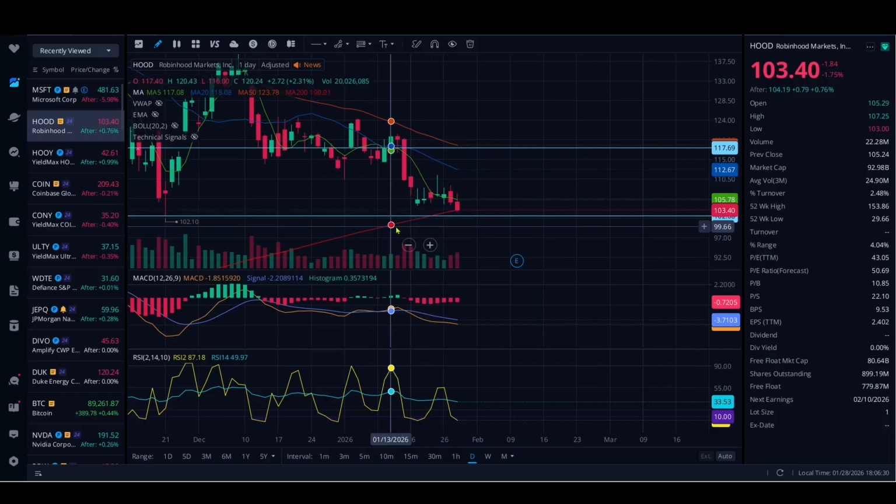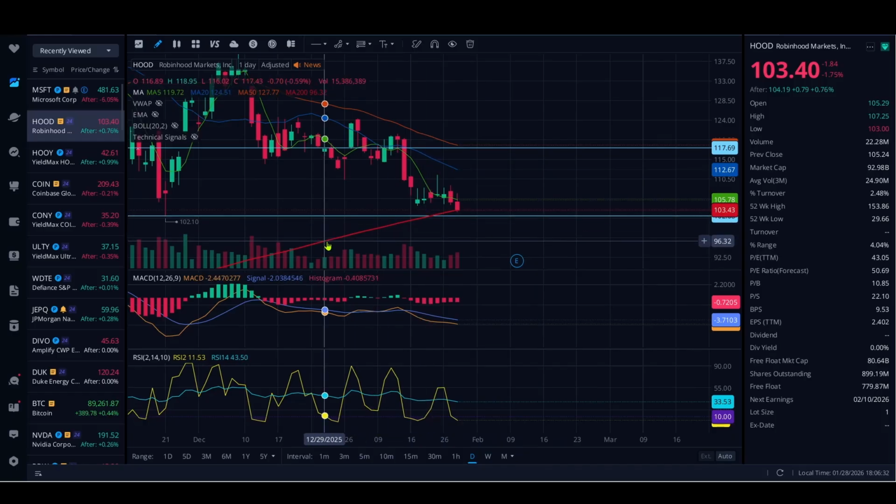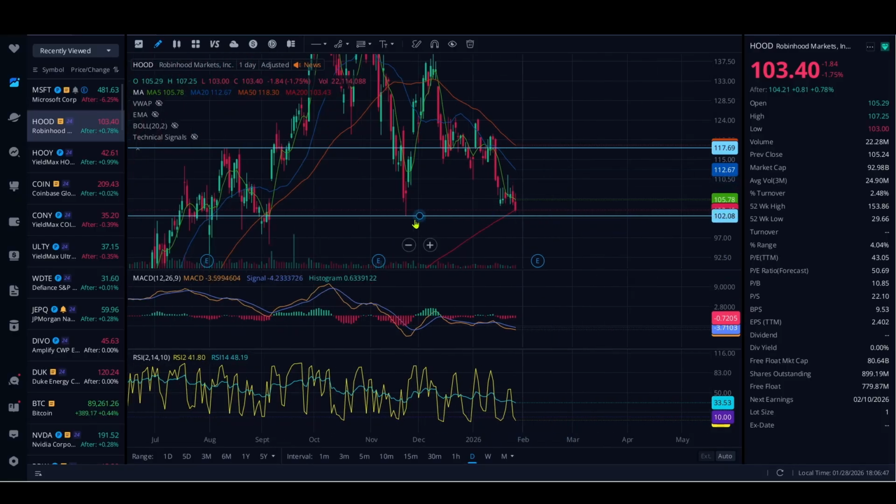But I'll tell you, looking at this chart right here, and it's setting right there on that MA200, that looks pretty strong to me. And if you want to add additional support strength, notice that this horizontal line I drew here is sitting right at the bottom of the dip that we had on this day. So that's an additional support line.